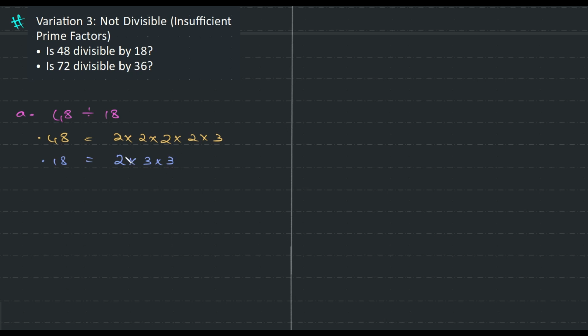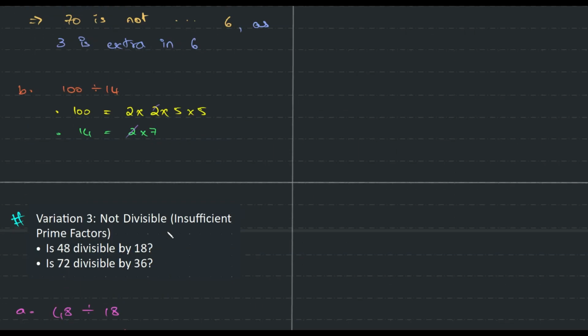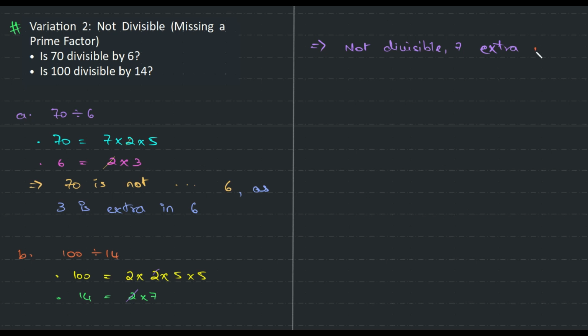So as you can see, 2 and 2, yeah, 3 and 3, yes, but this is an extra 3. So not divisible. Extra 3 in the divisor.